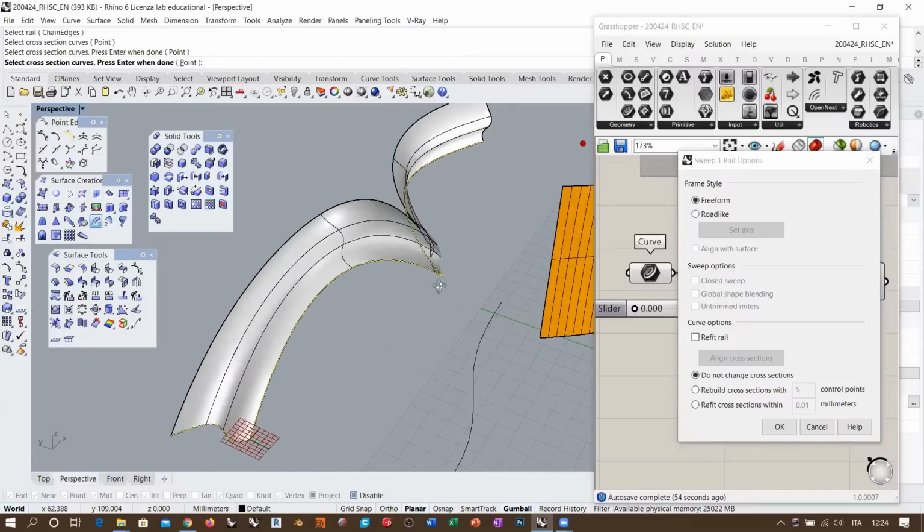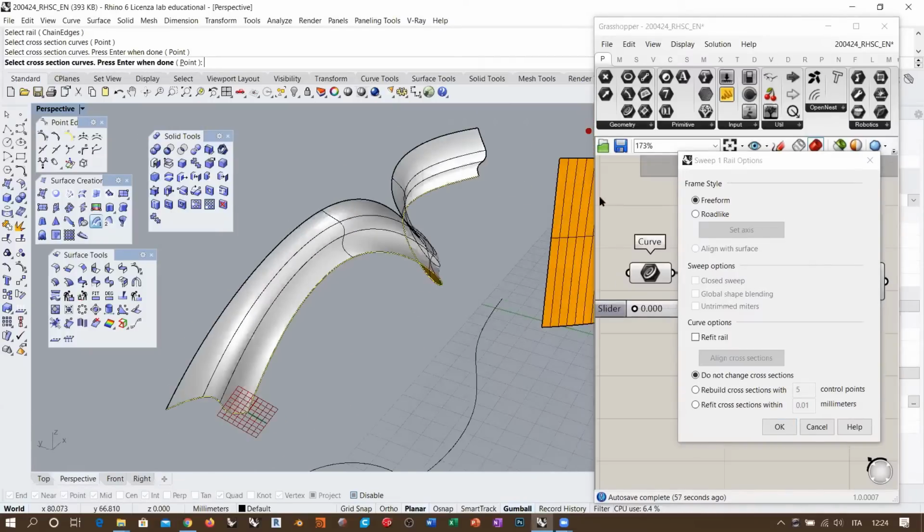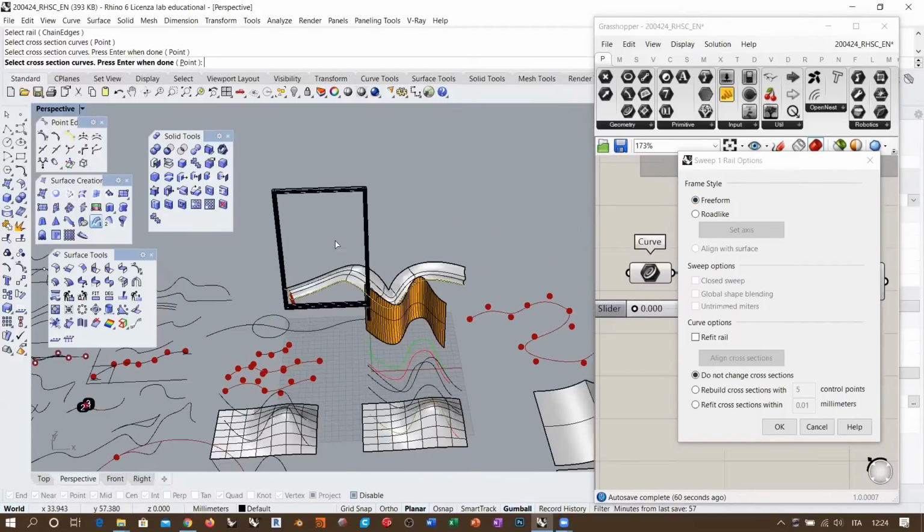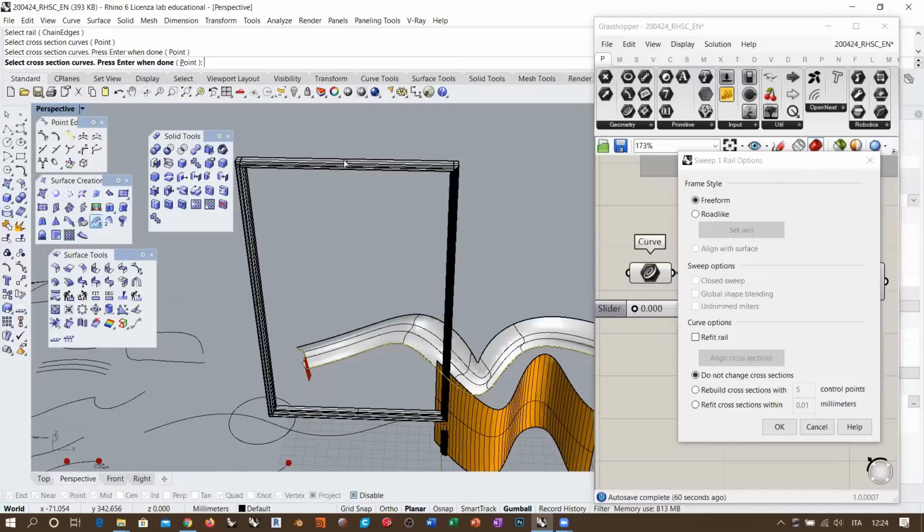So it's very difficult to control a sweep one rail with a free-form style if you don't have regular configuration both of the rail and of the cross-section. So in this case, the result was totally predictable, because the rail is a straight line rectangle, and the cross section was perfectly perpendicular to the rail.